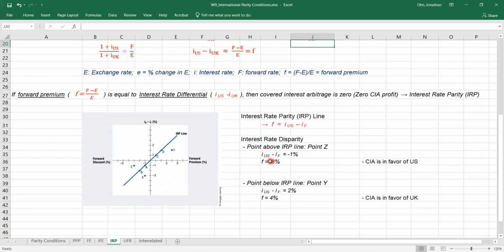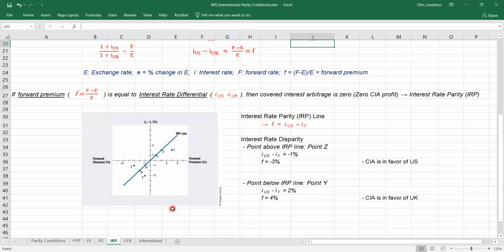So in this case, the exchange rate will adjust to move toward the interest rate parity condition. So Z will start to move toward the ILP line, toward A there. See that? How do you do that?